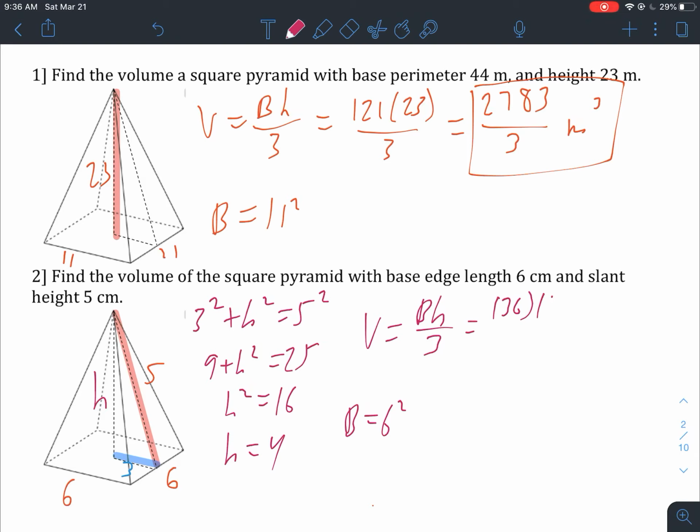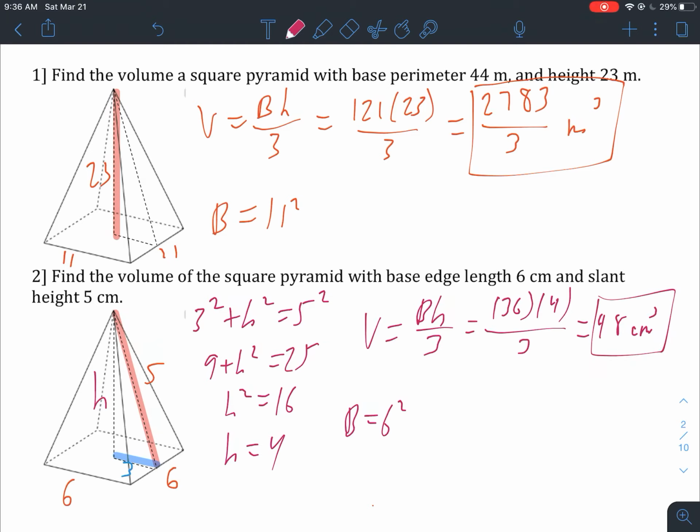Our height is 4 over 3. Now this time when we type it in, it should all give us one nice whole number. So let's type in 36 times 4 divided by 3. And we get our answer, 48 cubic centimeters.